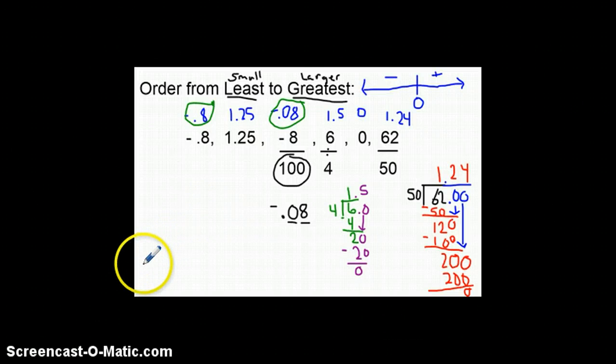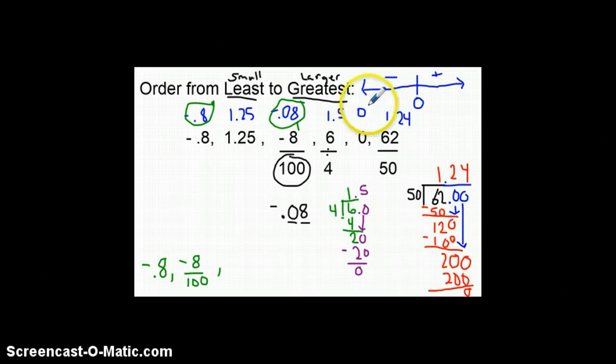So our first smallest number is negative 0.8. Then we get this number right here. We want to write it in original form, so negative 8 over 100. Remember, negative 8 over 100 is closer to 0 than negative 0.8.